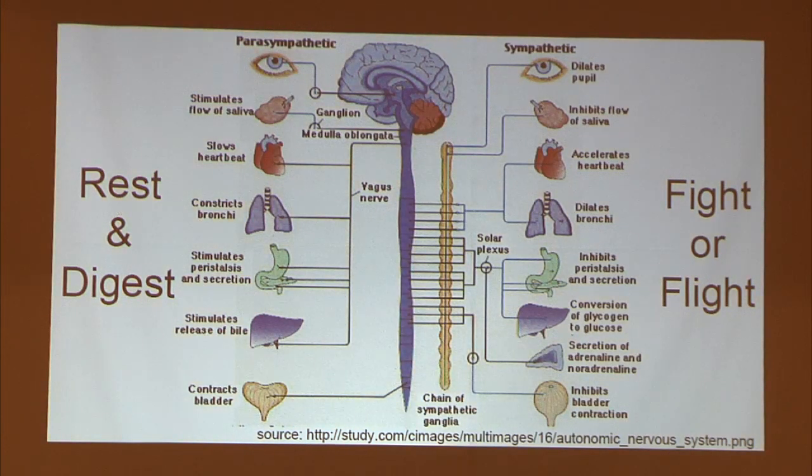So that one's when you're more relaxed and good things are happening. Sympathetic nervous system is that fight or flight kind of anxiety, running for your life type of reaction. So we're going to look at the neurotransmitters that are involved in both of these states of your body.